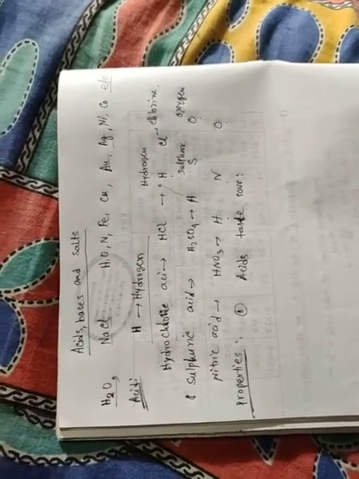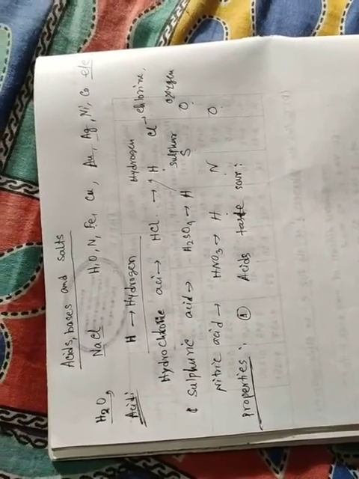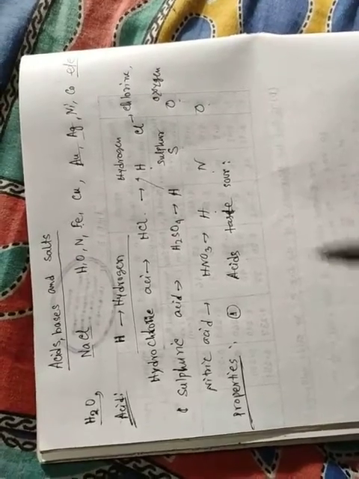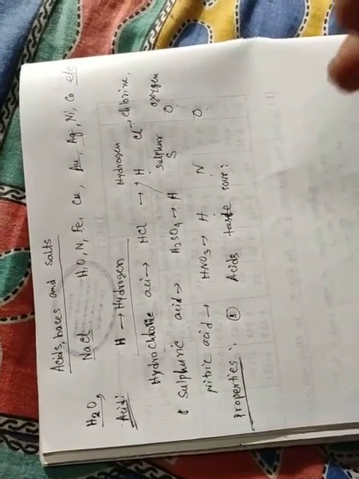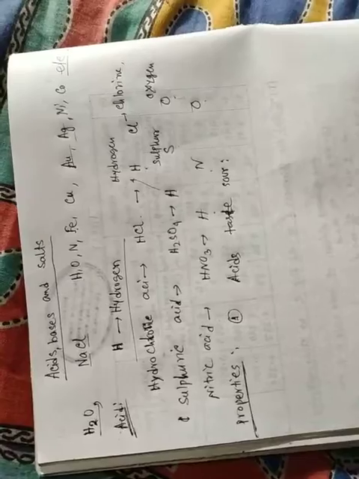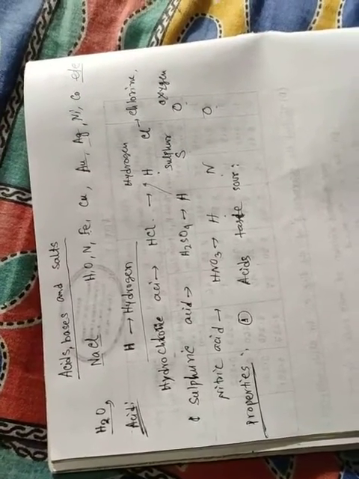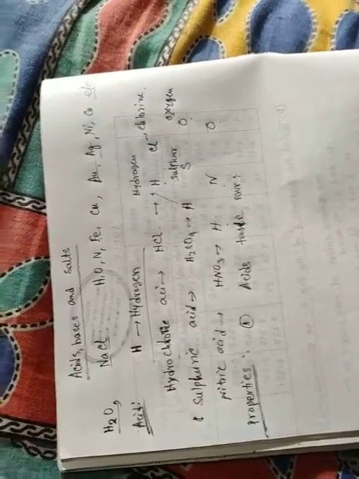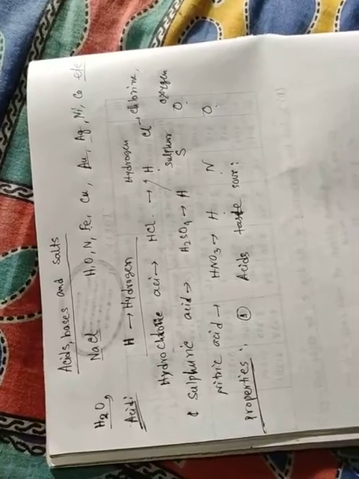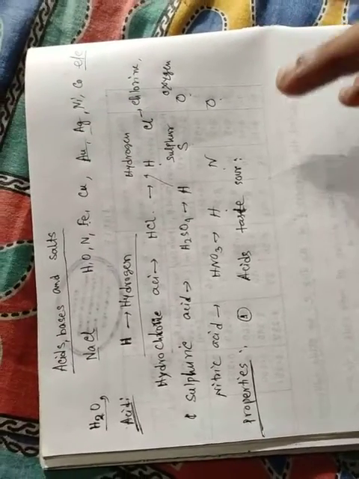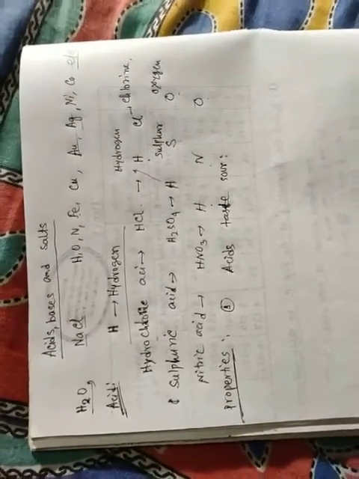So now we can say that when we eat orange or grapes, we taste sour because in the orange, grapes and other fruits there is acid.